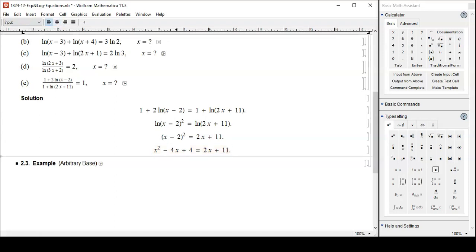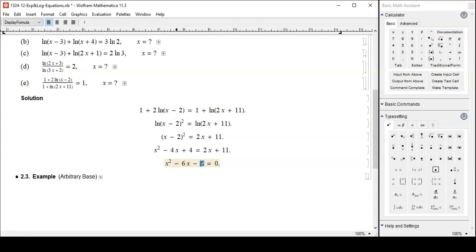And then flip everything to the left-hand side. x squared minus 6x minus 9. Is that right? 11 minus 4, negative. No, 7. 11 minus 4 is 7.